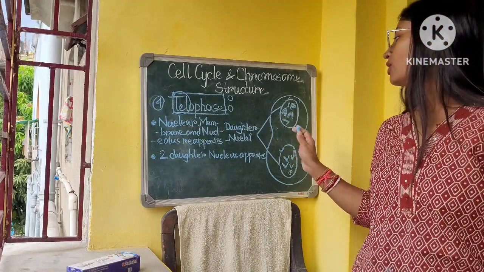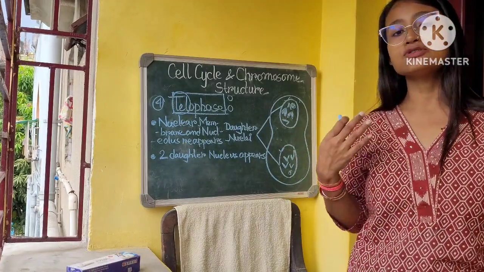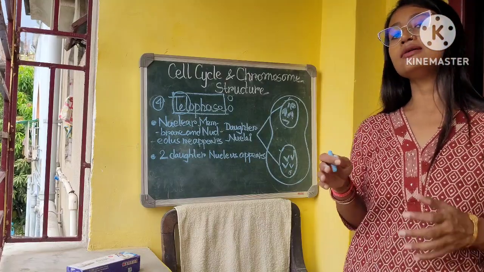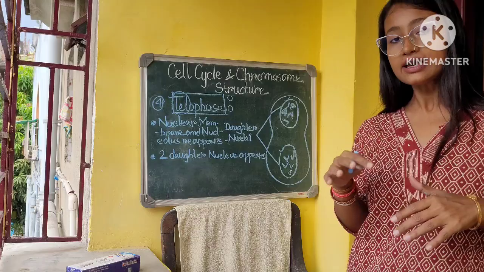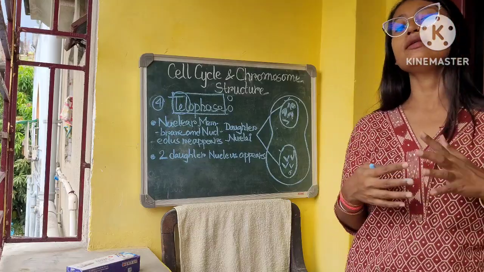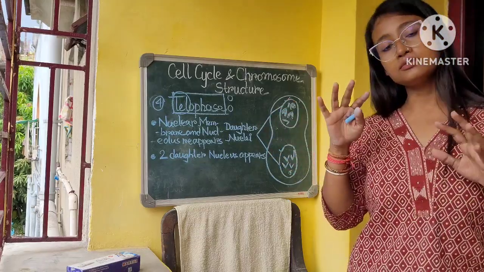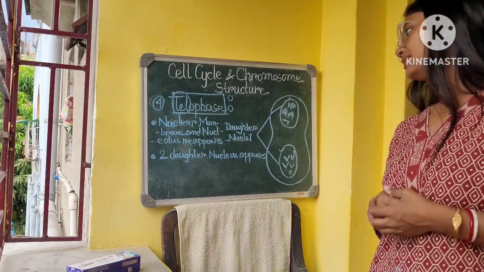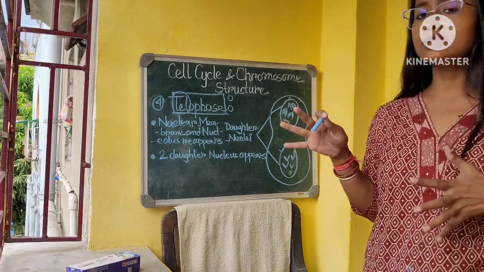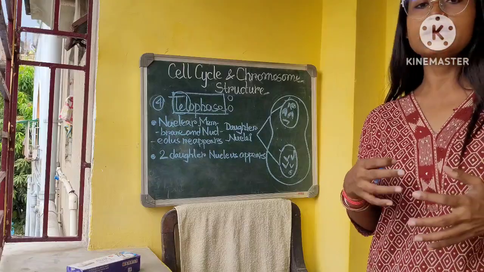Right? So this is just like the opposite of prophase, where the condensation occurs and the chromatids become the chromosomes. Here the decondensation occurs and the chromosome will again become chromatin. Okay, and the reticulate structure of the nucleus would reappear.